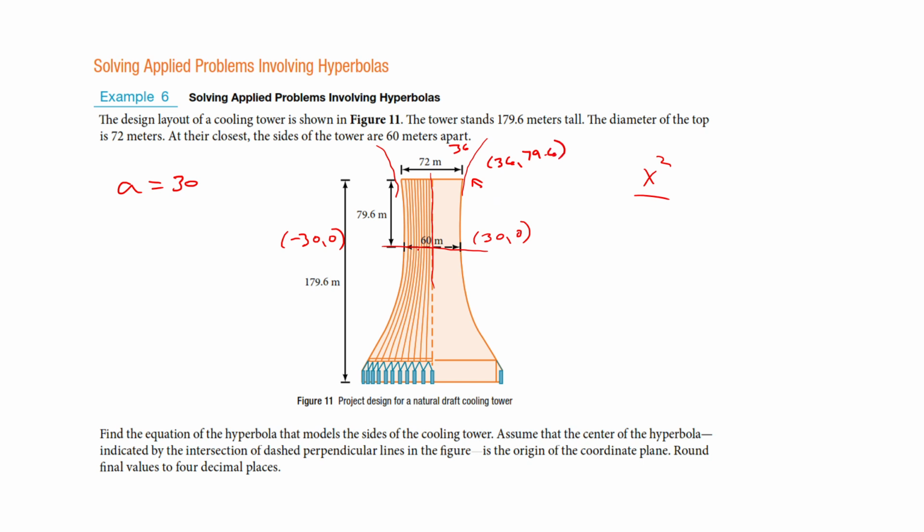We don't have b or c because we don't have the foci or the minor vertices, so we're using any point off of the graph. Well, what point do we have? We know this height is 79.6, so this point's y value is 79.6, and if it's 72 all the way across and the axis is cutting it in half, this distance right there must be 36. So let's just walk through it here.